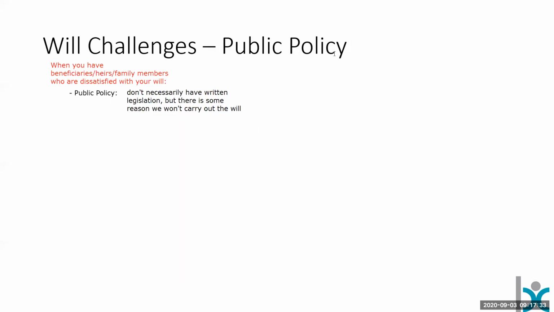There are three common public policy arguments you'll see made. One is that you or your heirs cannot profit from the proceeds of a crime. So that's a public policy argument that we sometimes see. It's not that common with wills. It's more common with life insurance beneficiary designations.